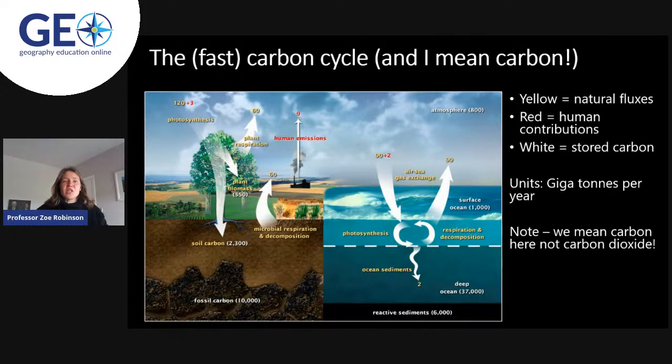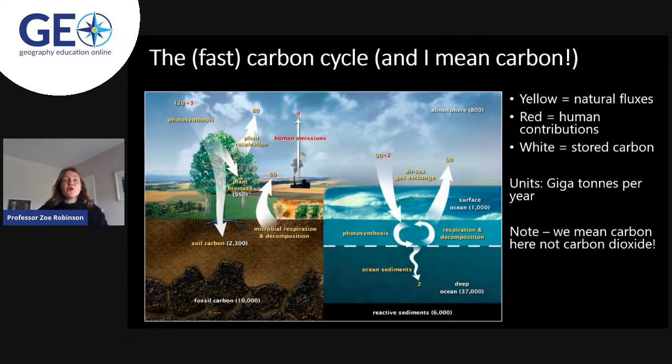And we'll see exchanges of carbon between the atmosphere and the ocean, in both directions and within the ocean as well. And then we see cycling of carbon from the atmosphere through our biomass and plants into our soil, but also being produced by our soil and by our plants as well.